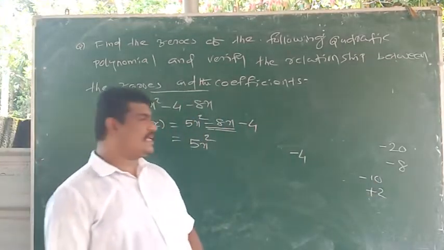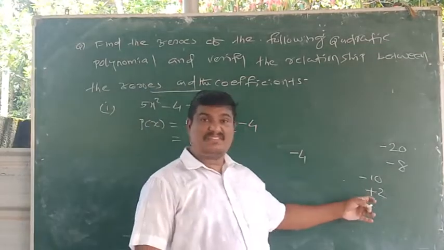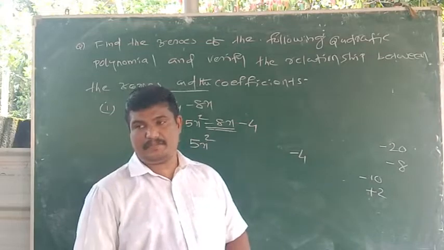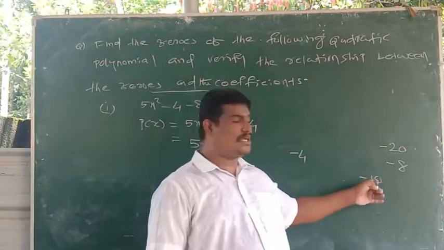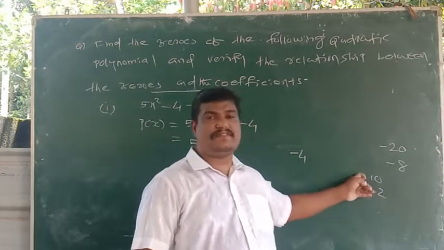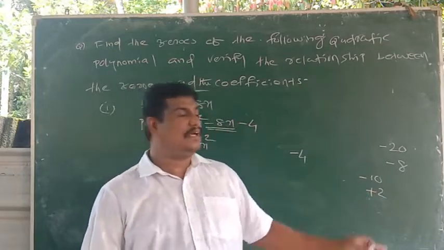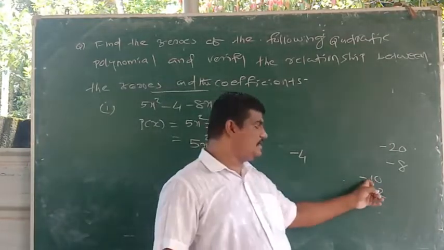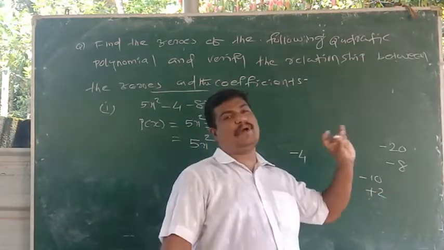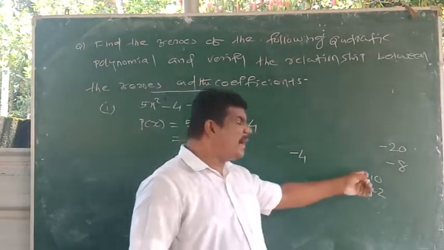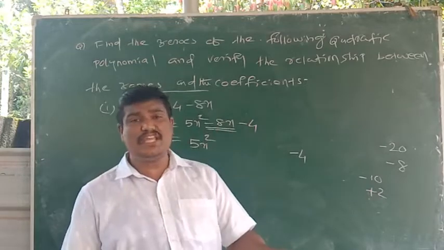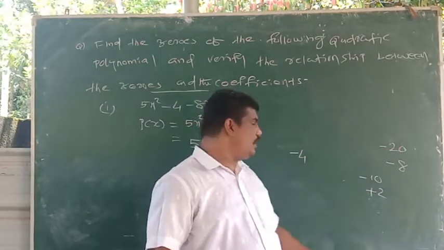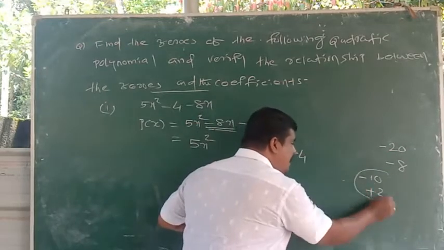Minus 8. Clear? Yes, the sum is correct. Then the product. One is negative and the other is positive; subtract, the difference is 8, the larger is 10, and the sign is minus. So minus 8 is correct. What is the product of these two? Minus 10 and 2, minus 20. Correct. So the sum is minus 8 and the product is minus 20. The numbers are minus 10 and plus 2.